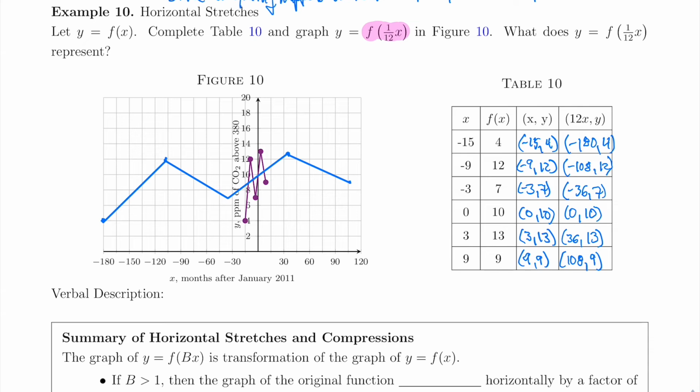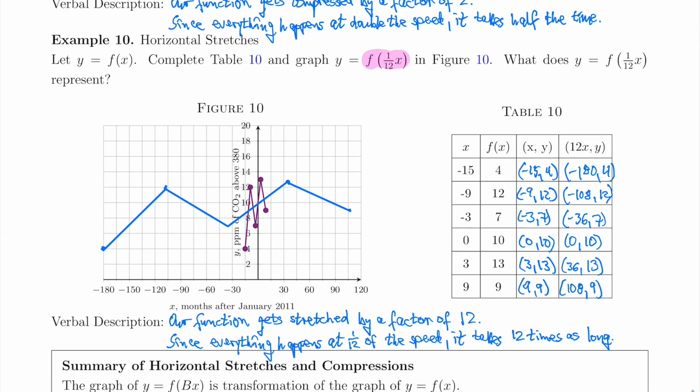You would definitely need 12 times as long in order to get to your destination. So our function gets stretched by a factor of 12, and again, since everything happens at 1/12 of the speed, it takes 12 times as long.